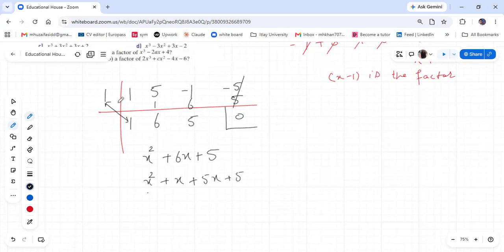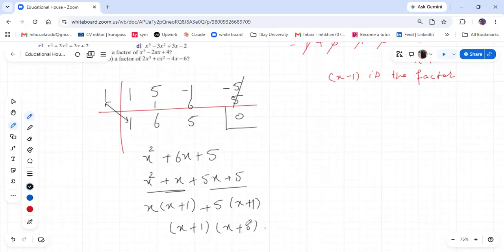Taking x as common, this is x plus 1, and from this we take 5 as common, so x plus 1. Now taking x plus 1 as common, this is x plus 1 and x plus 5. Here we have three polynomial factors, and our third polynomial factor is x minus 1.